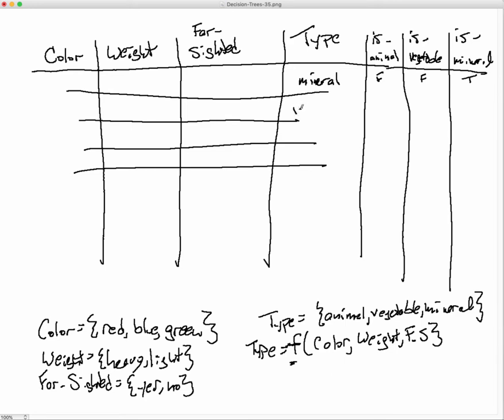And if this was vegetable, then this would be false, true, false. Now, instead of trying to guess this function f, we could call this function g, this function h, this function j. And what we're trying to figure out are these three functions.